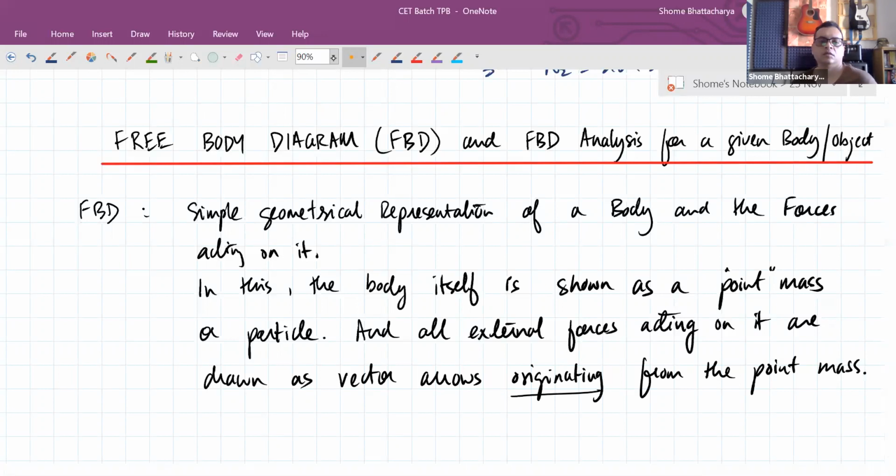Okay. So just note down this definition of free body diagram first, then we'll see some examples.